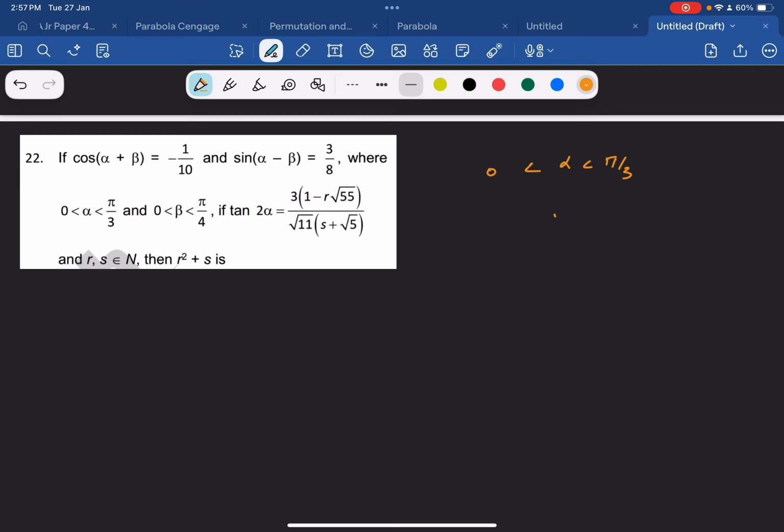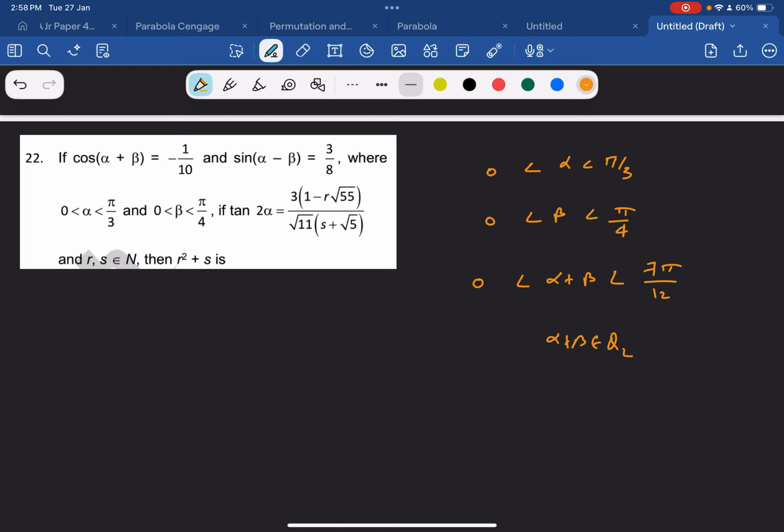Since alpha goes from 0 to pi by 3 and beta goes from 0 to pi by 4, if you add, alpha plus beta will be pi by 3 plus pi by 4, so 4 pi plus 3 pi, 7 pi by 12. So obviously it will be less than 180 degrees.